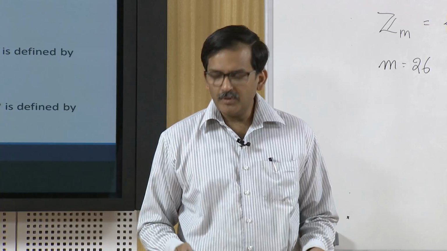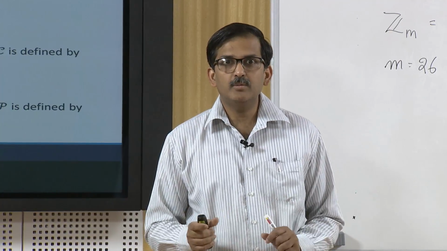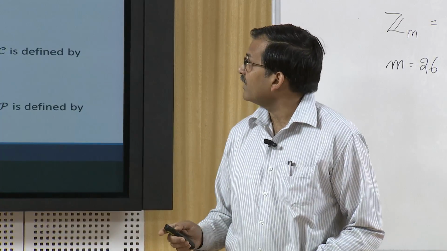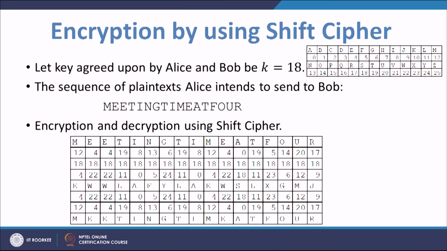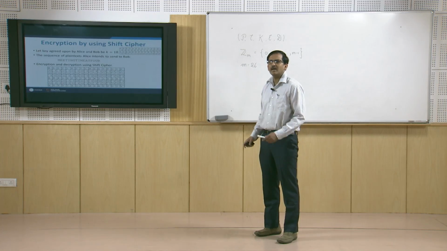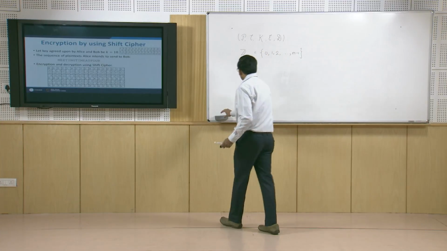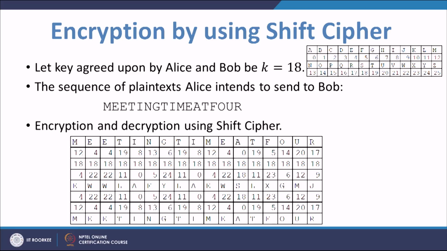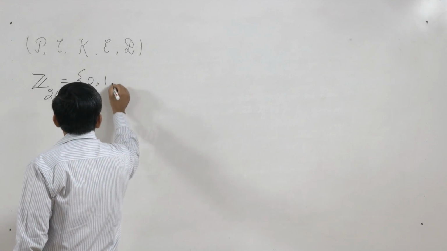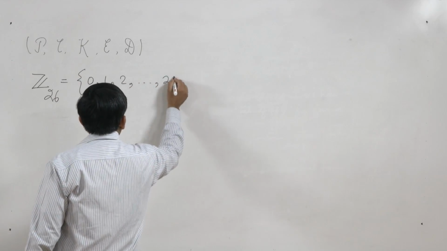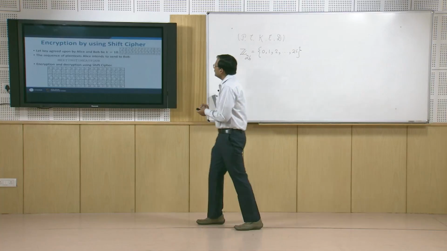Now, we go to an example which makes this encryption and decryption clear in the case of shift ciphers. This is our example, encryption by using shift ciphers. In the first step we encode the letters into elements of Z mod 26, the set of integers modulo 26, which we denote by 0, 1, 2 up to 25, and here we see the association.